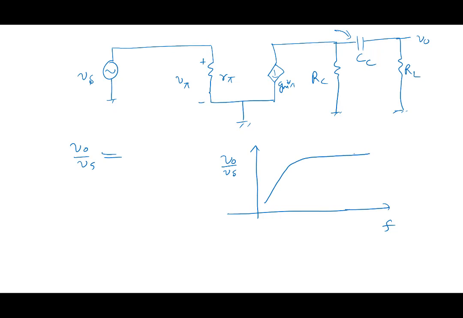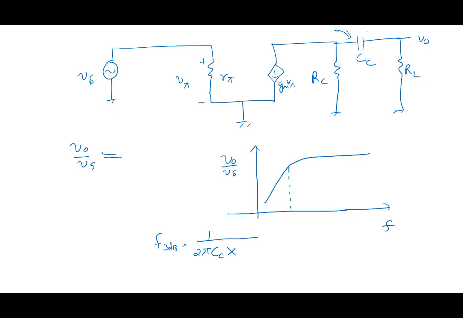And our 3 dB point, F3dB, will be equal to 1 over 2 pi, again Cc multiplied by R effective. So what is the R effective seen here?